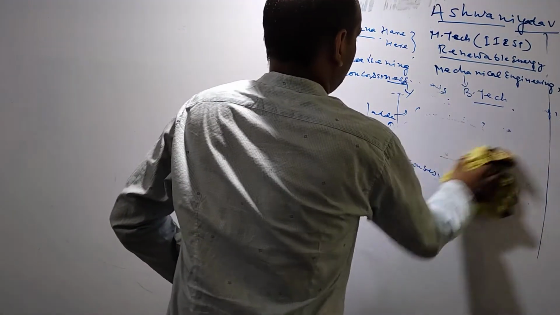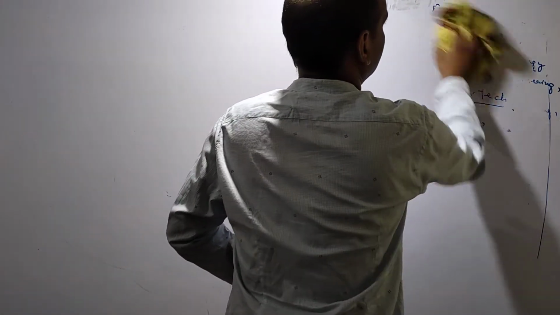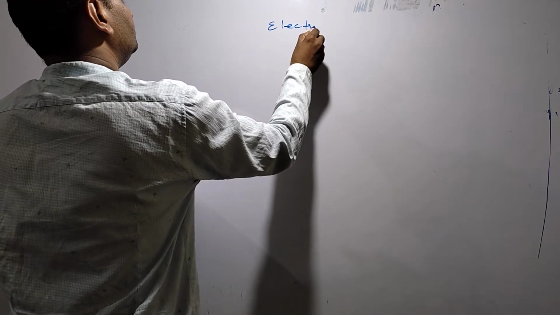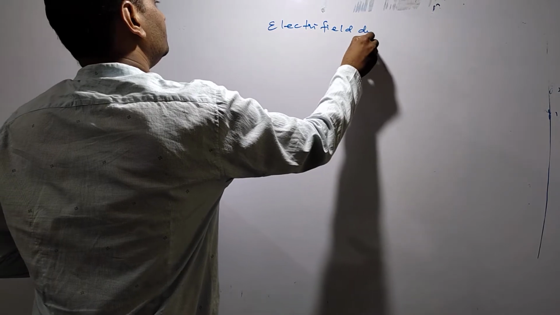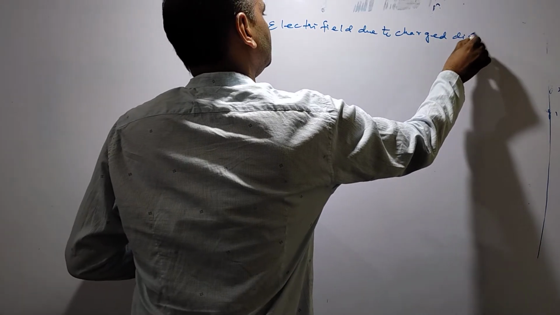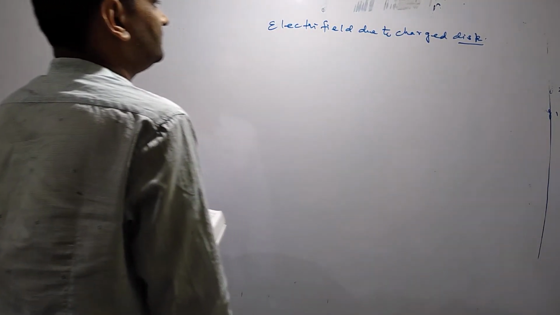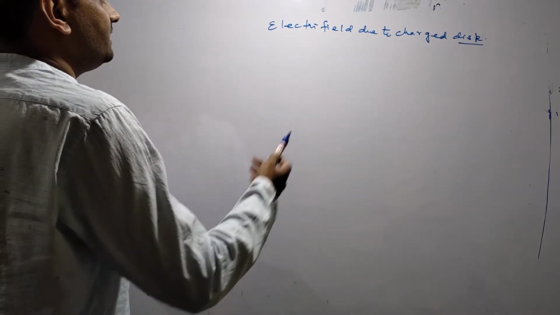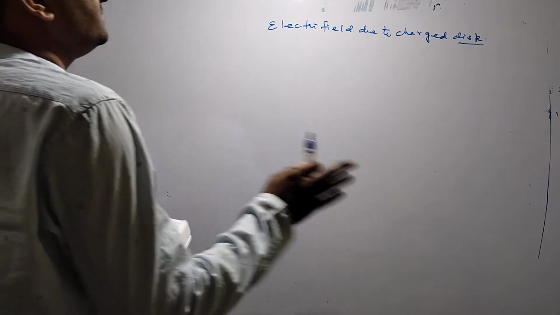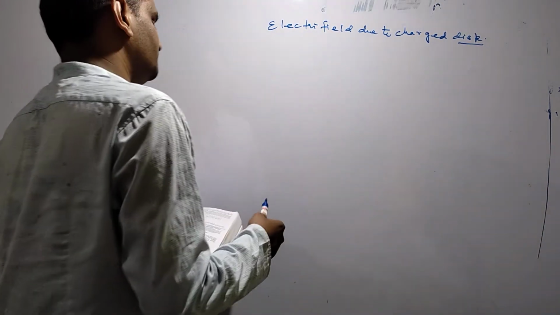I'm going to start electric field due to charge disk. We have already studied the electric field due to a ring-shaped conductor, an infinite rod, and different types of bodies at a desired point in previous classes.